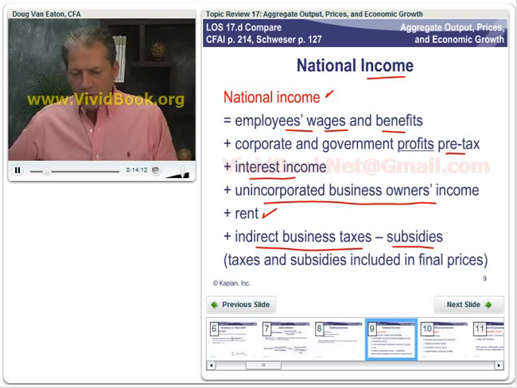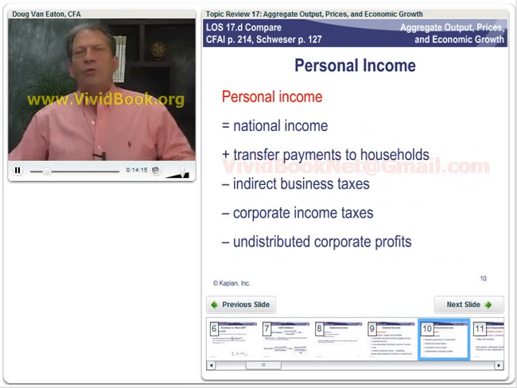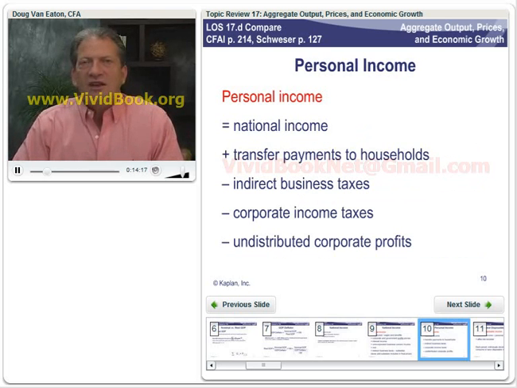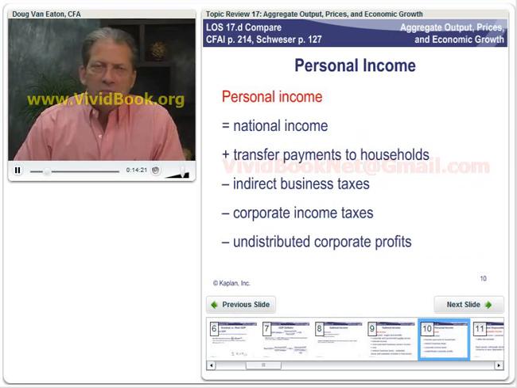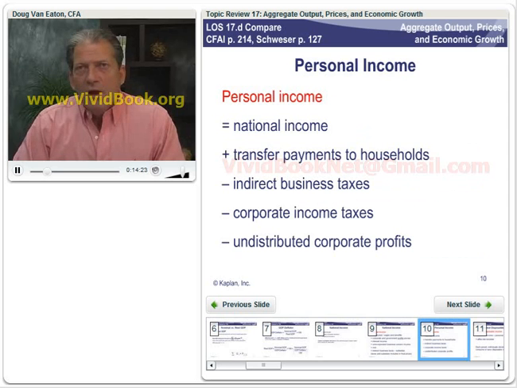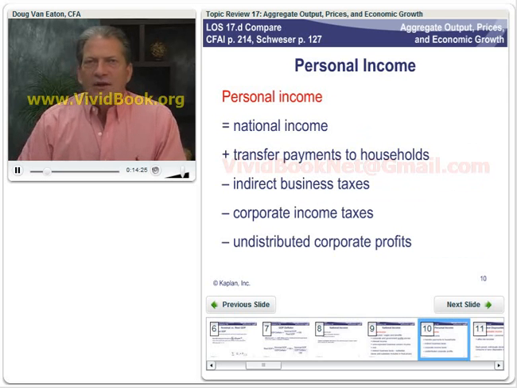I guess ethanol would be a good example where the government spending encourages the production of ethanol to mix with your gasoline.